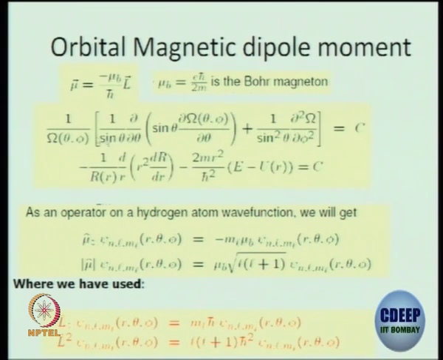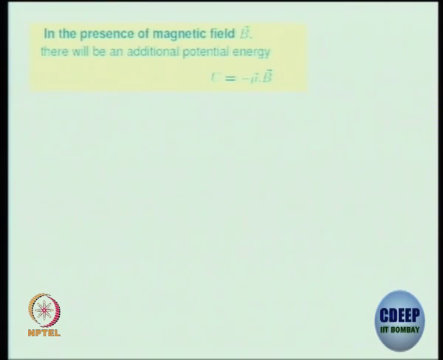And also you could remember that this is what I was saying, this operator which I have is your L squared operator on omega, and C was L into L plus 1. So, why am I slowly going into this? Typically, we will have the atom interacting with the magnetic field. What is that effect called? Zeeman effect. So, what will be the term in the potential energy you have to add?